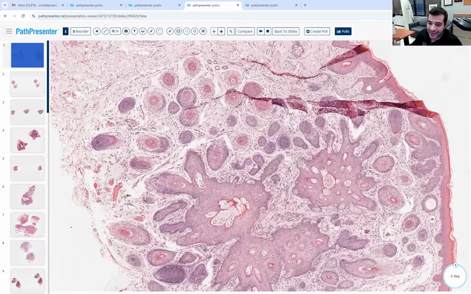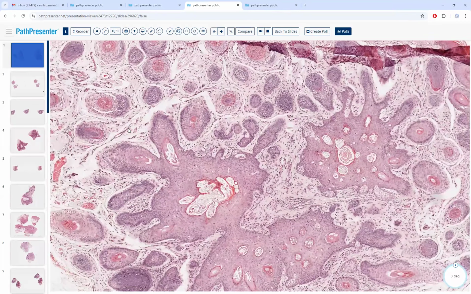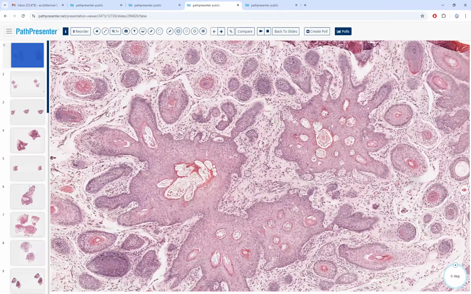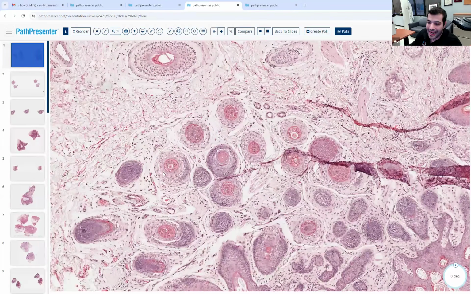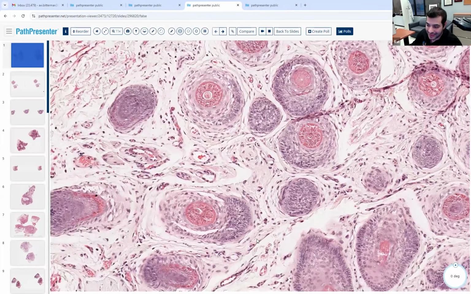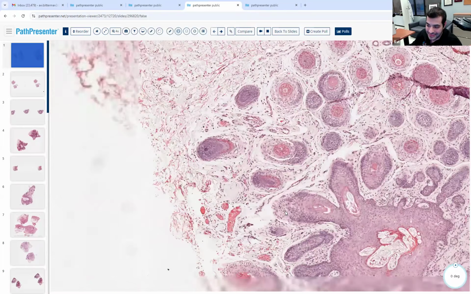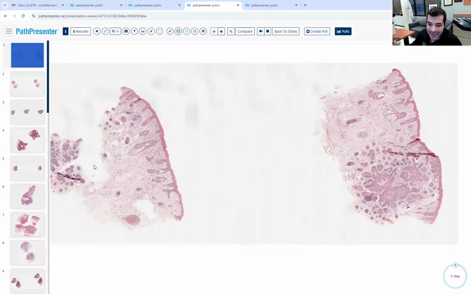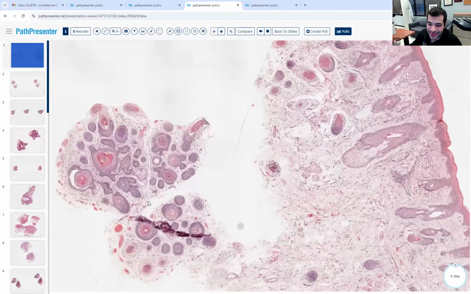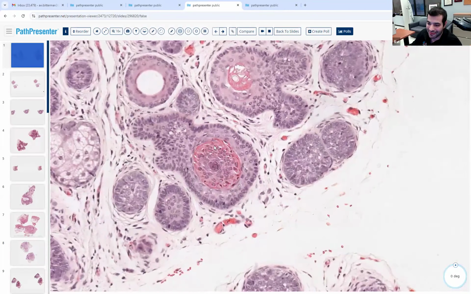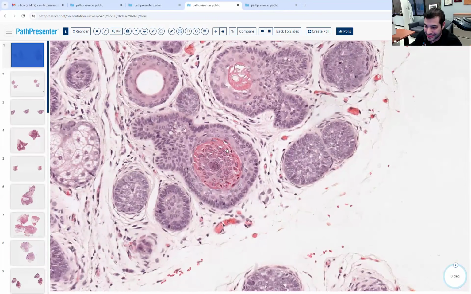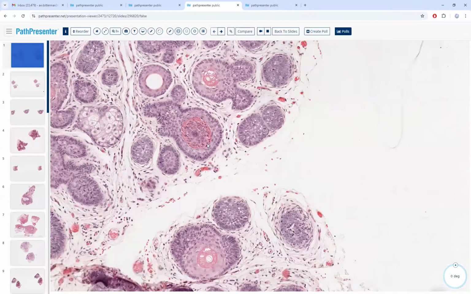We don't see the central pore, but I think this would be a trichofolliculoma. And we know that this is real hair making because we can see the granules over here. What kind of granules are in here? Trichohyalin granules. Okay.